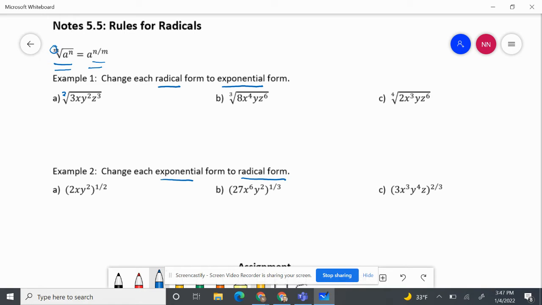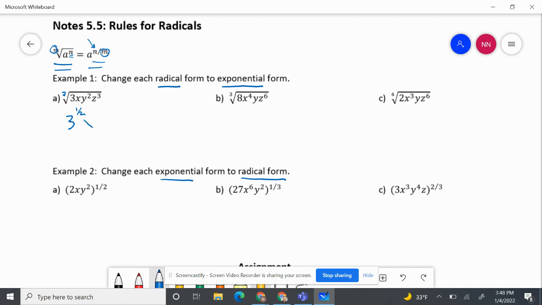Now, our root is our denominator, and our exponent inside the root is our numerator. So we're going to be having some exponents with fractions. For the first one, this is 3 to the 1/2.